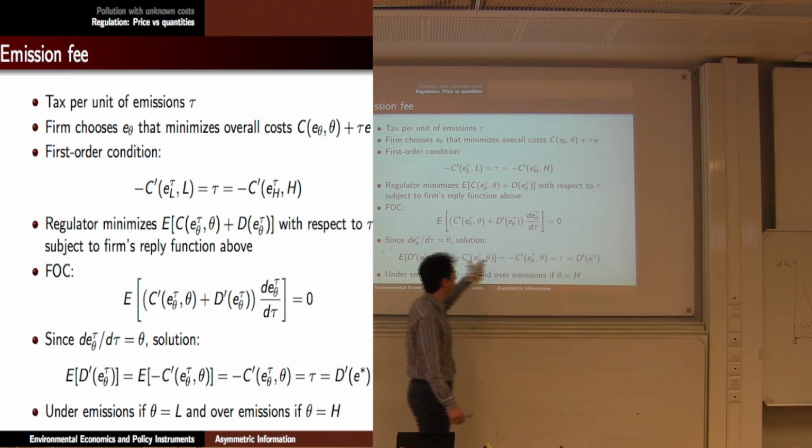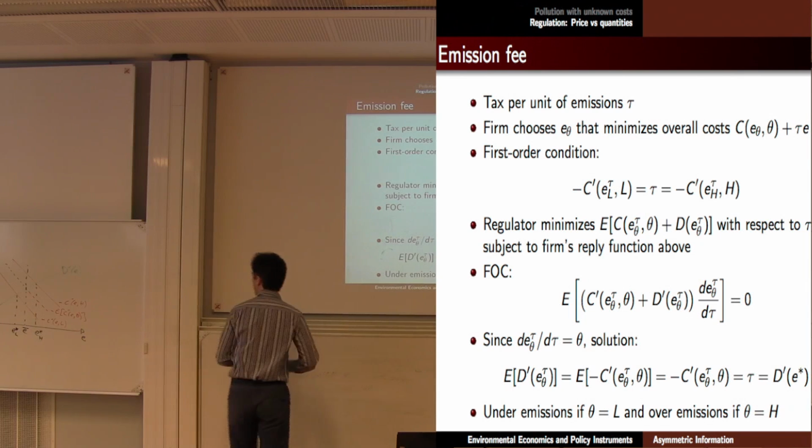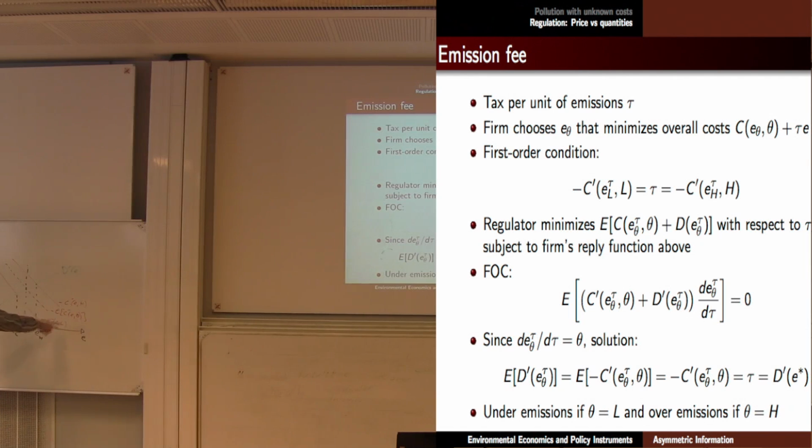Okay, so this is something which is very helpful because here in this picture, remember that the cap will be the ex-ante efficient level of emission. That's the one which equalizes the marginal damage to the expected marginal abatement.